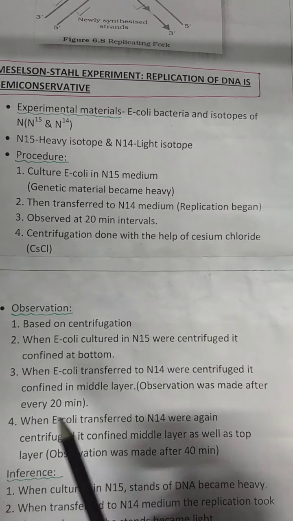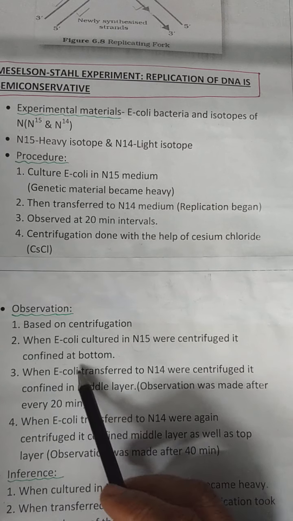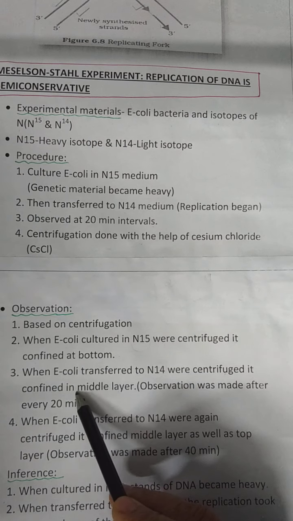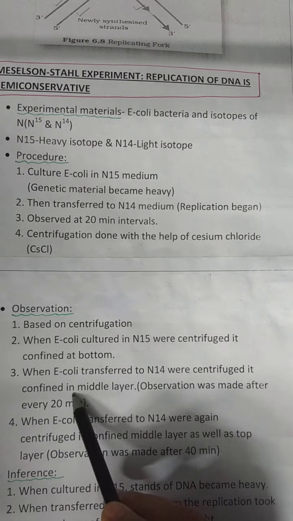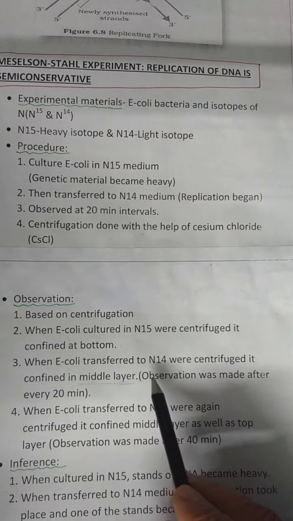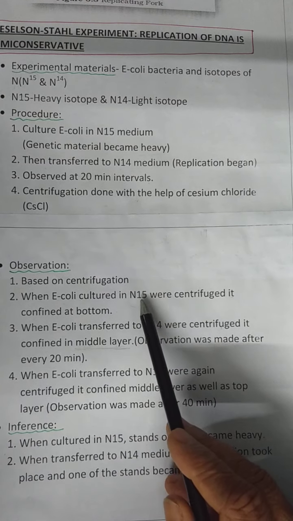After 20 minutes, replication begins, meaning the bacteria replicate and double. It is found in the middle layer due to semi-conservative replication. One was the parental, another was the newly synthesized strand.